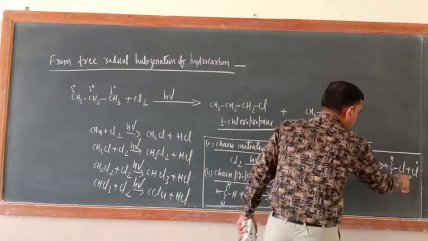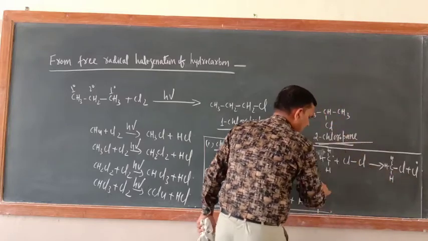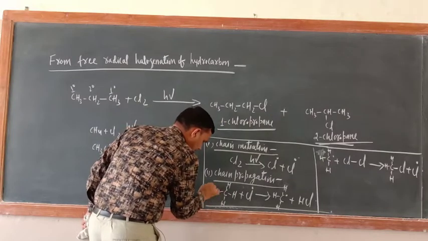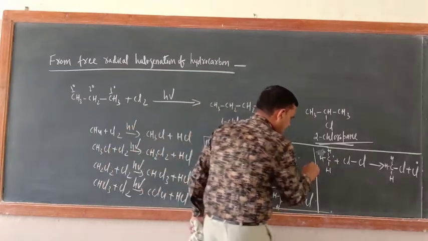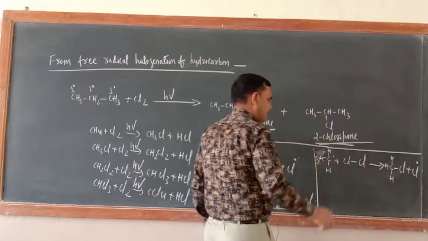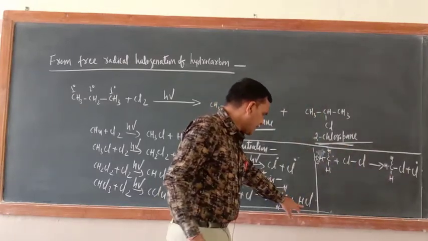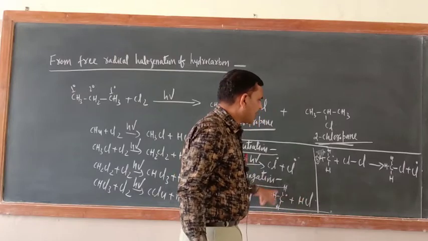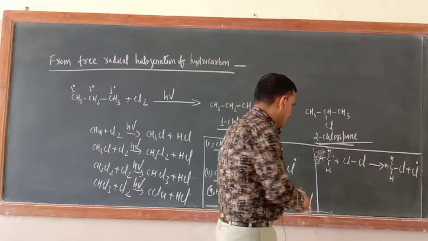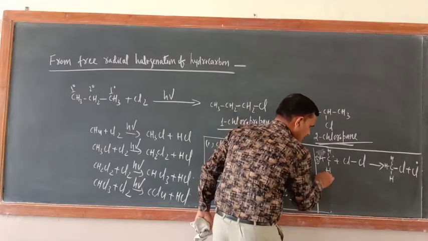Now this free radical will again attack here. Under chain propagation, this is A, this is B. Now keep on doing all the steps. In one step HCl will come out with 1 free radical. In another step, Cl free radical and this will be generated.